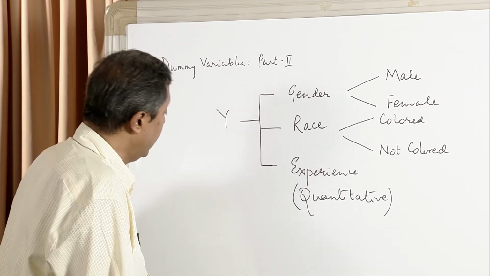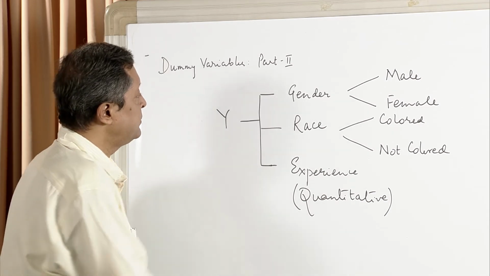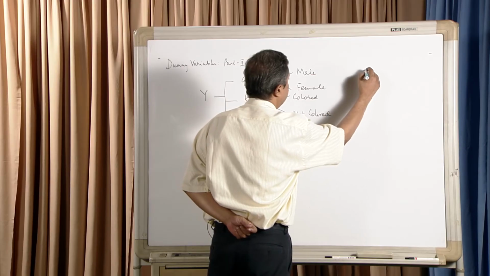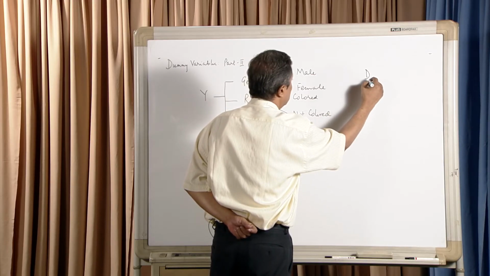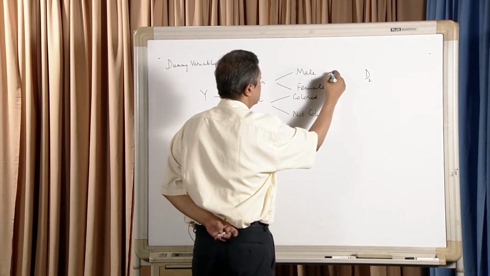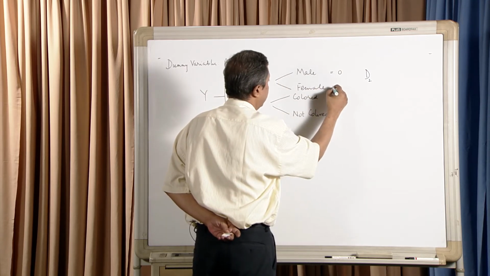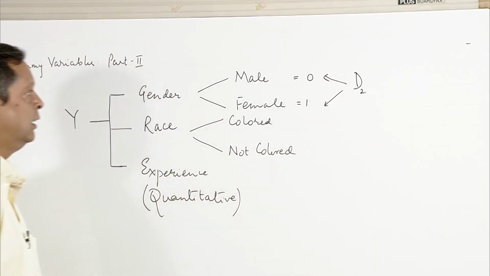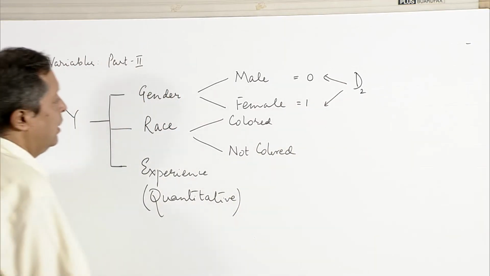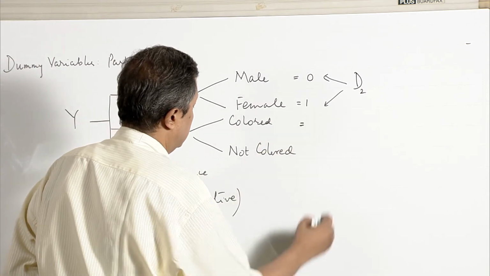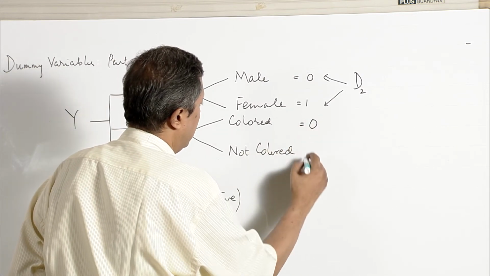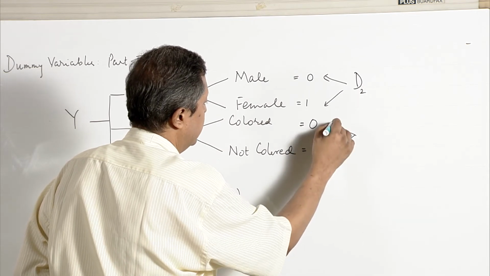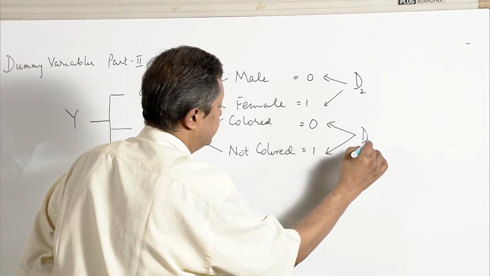Now, if the model has an intercept, then for gender we will have one dummy, say D2, which is 0 for male and 1 for female. Similarly, you will have 0 for colored and 1 for not colored, that is another dummy, say D3.